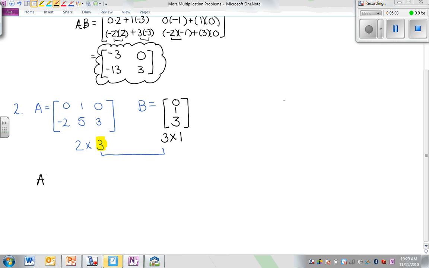Okay? We'll do AB. So you do the first row and multiply every element in that row by the first column. By the way, our answer, our matrix at the end will be a 2 by 1 matrix. 2 rows, 1 column.